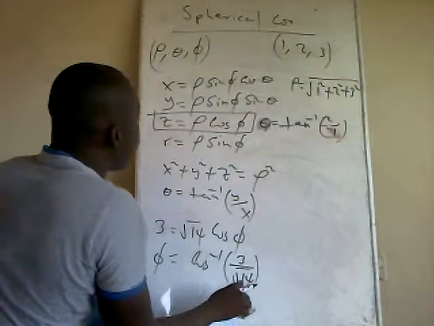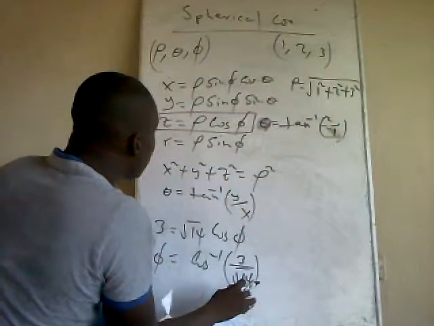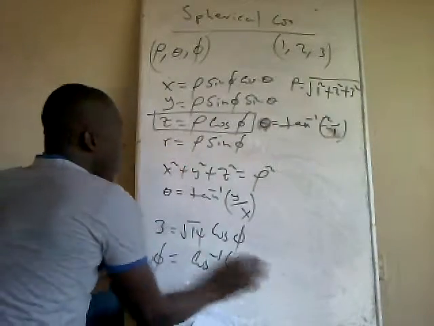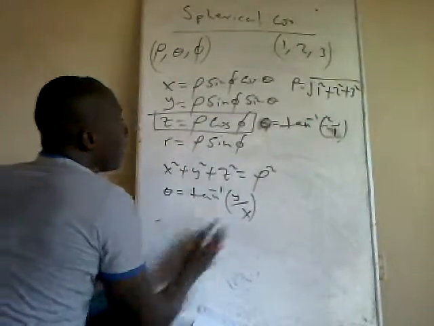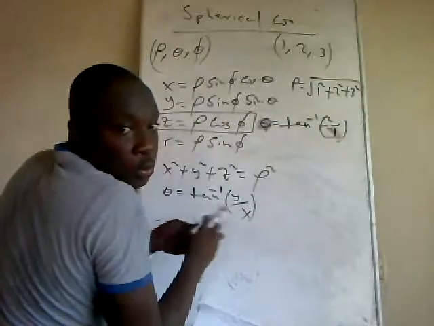Let's look at the other side. Let's try to convert a point from spherical to rectangular.